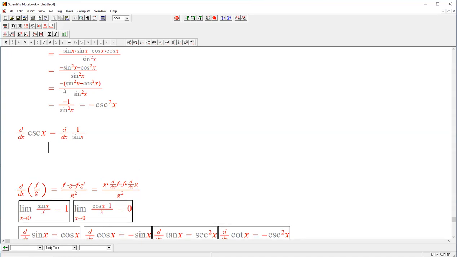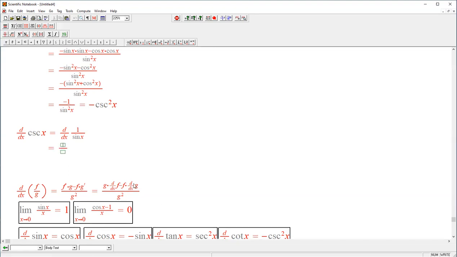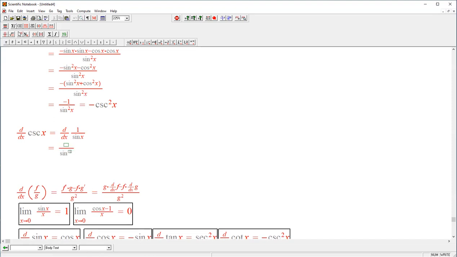And we're going to apply the quotient rule again. Quotient rule, and here what's on the top? Top f is 1, right? Denominator is sine, so you have sine squared of x. And the derivative of 1 is 0. The derivative of sine is cosine x.